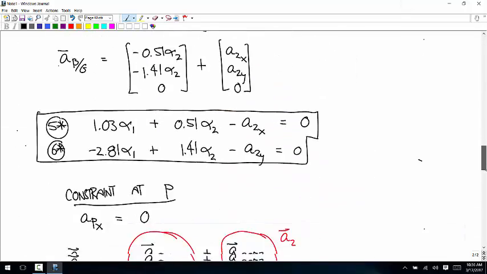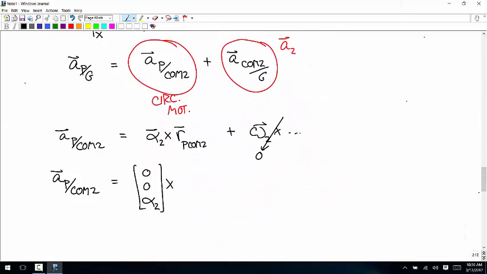So that is 20. Each one's 20 from horizontal. So this is positive 1.41, negative 0.510.